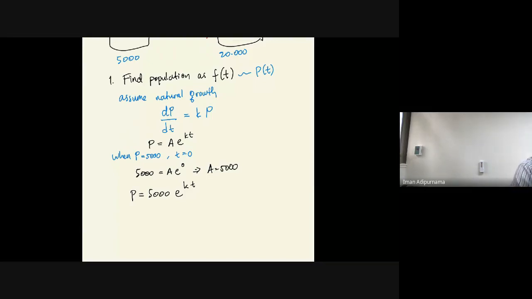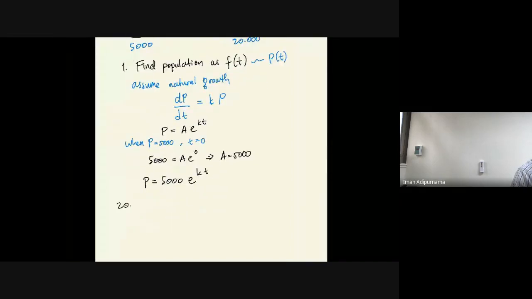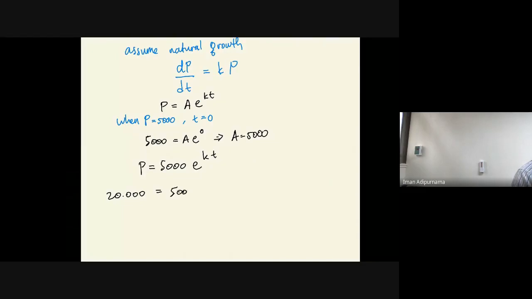So the second case is 20,000. When P is 20,000, 20,000 is 5,000 e^(k·30), where t is 30 minutes. Solve this and it will be 4 equals e^(30k).